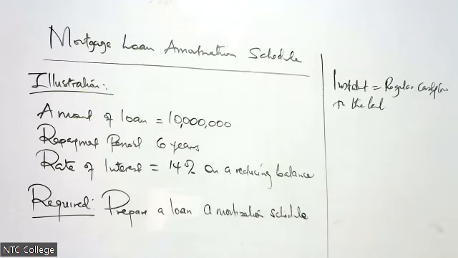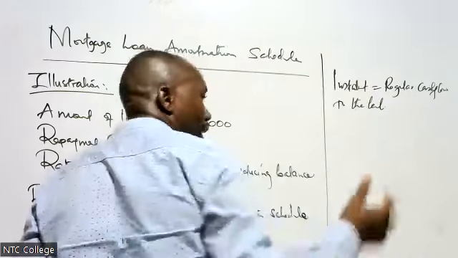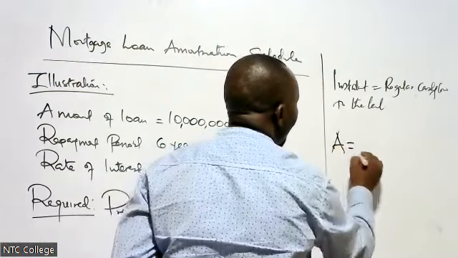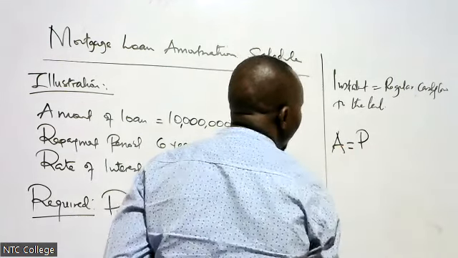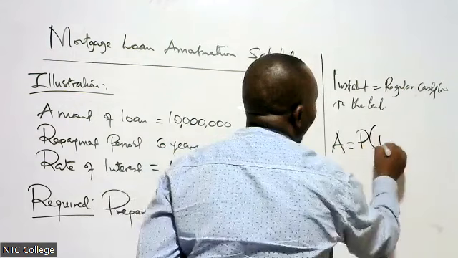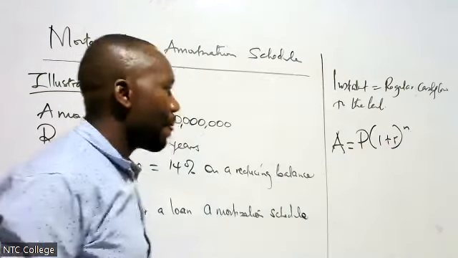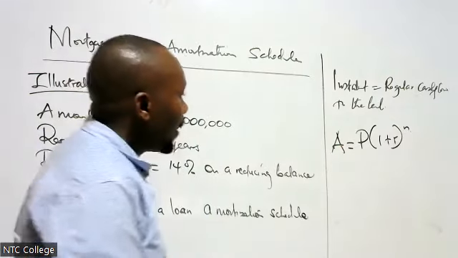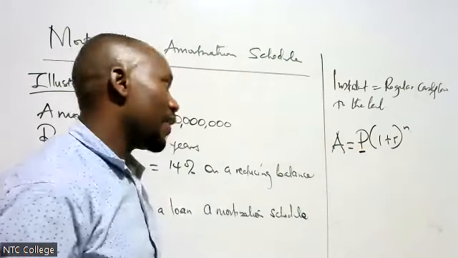If we want to know the regular cash flow, so let's say that you want to know how much you're going to pay at the end of the period. You always say that A is equal to the amount that you're going to pay, times 1 plus r to the power n. That's what you normally do. But if it is regular cash flow, we can now say that that is the installment that you're going to pay.